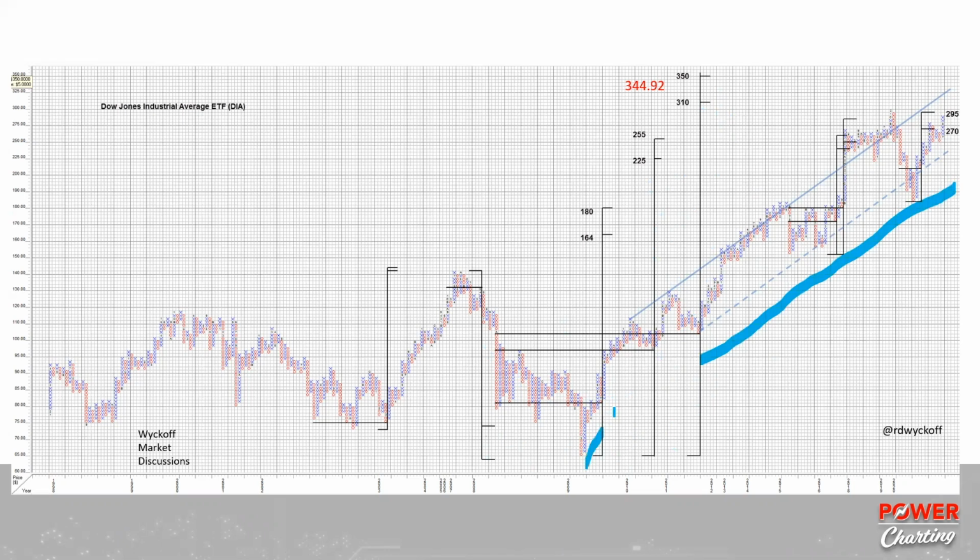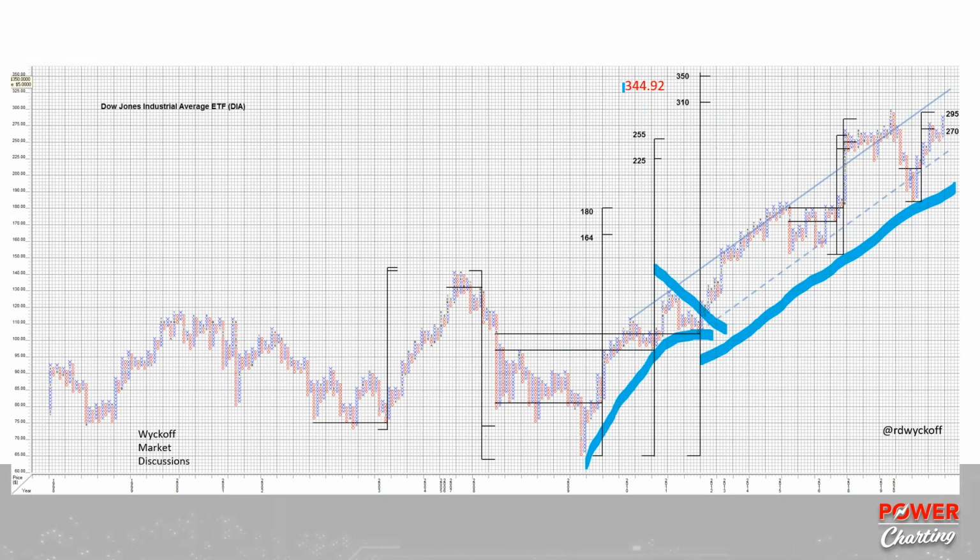Well, the uptrend actually started here, but the completion of the accumulation occurred on this backing up action, and taking this count all the way back 4 years of data produces a count that goes 310 to 350.